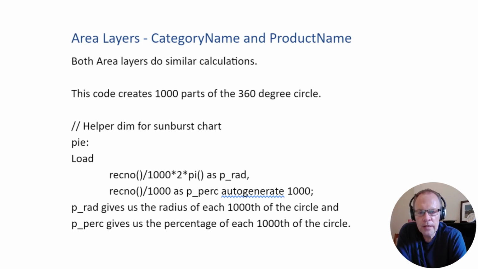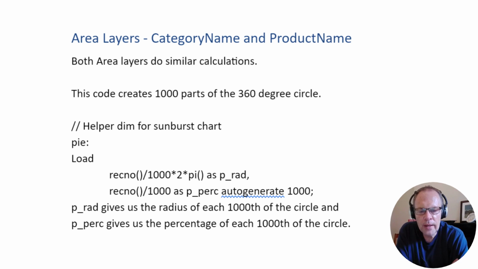So there are two area layers in this one. We've got our circle in the middle that's just got categories and so on in the name, and it's a circle. And then the next one is category name, and then the next one after that is product name. They're really treated in the same way, so I'll throw them together into this calculation.